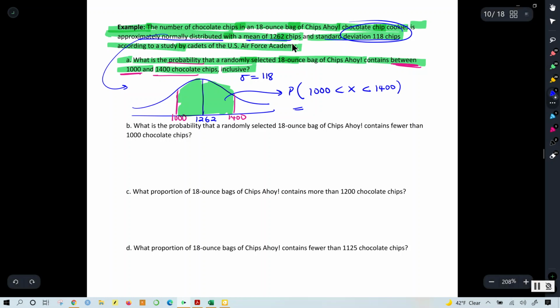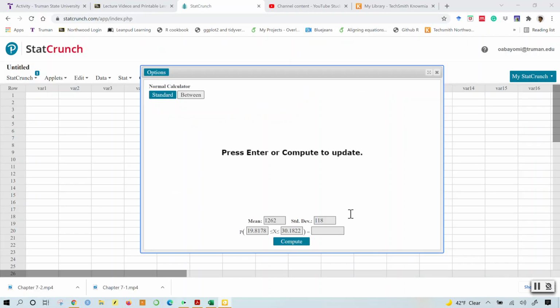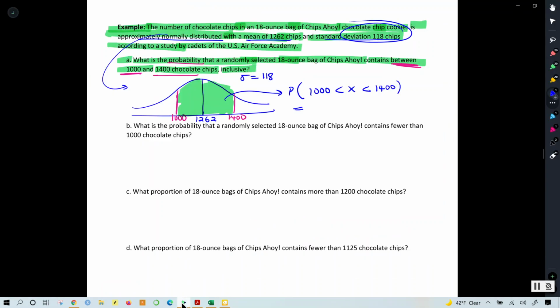So I'm going to take the parameters 1262 and 118 in. Here I am in StatCrunch. I have the parameters specified. The mean is 1262 and the standard deviation is 118. Just to be sure, let's check that again, 1262 and 118. And I'm interested in the region between 1,000 and 1,400.